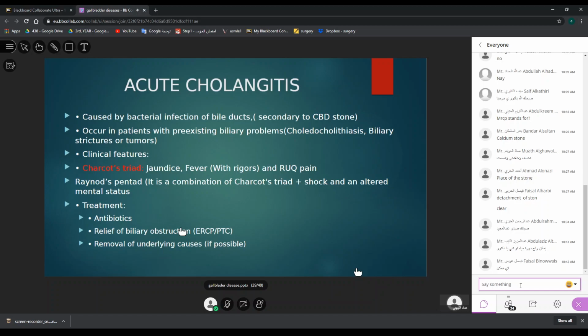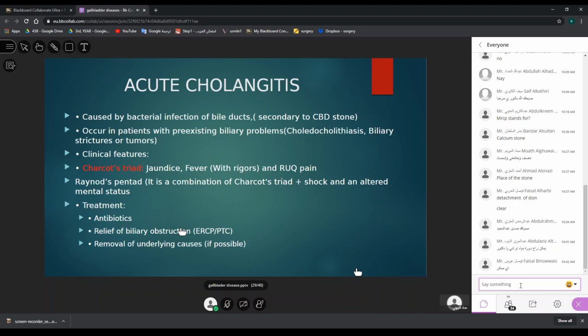This common hepatic duct goes down, and the cystic duct inserts into the common hepatic duct to form the common bile duct. So the difference between the common hepatic duct and the common bile duct is the cystic duct insertion. When the cystic duct joins it, it becomes the common bile duct. Clear? Clear, doctor.